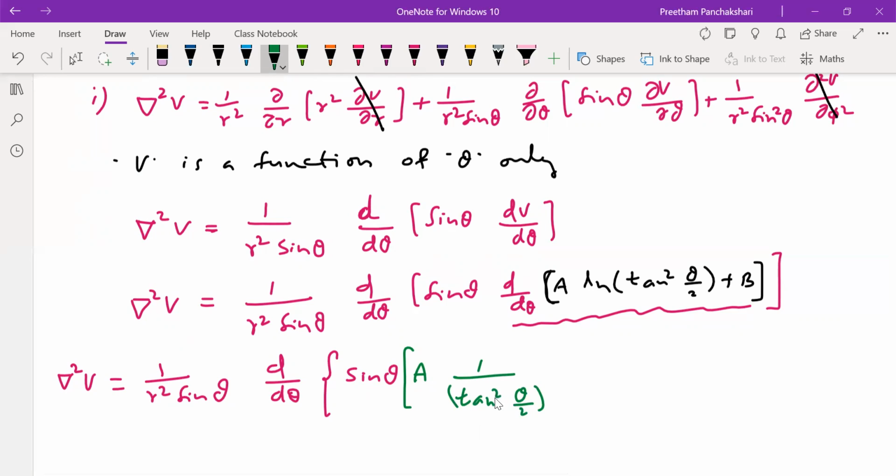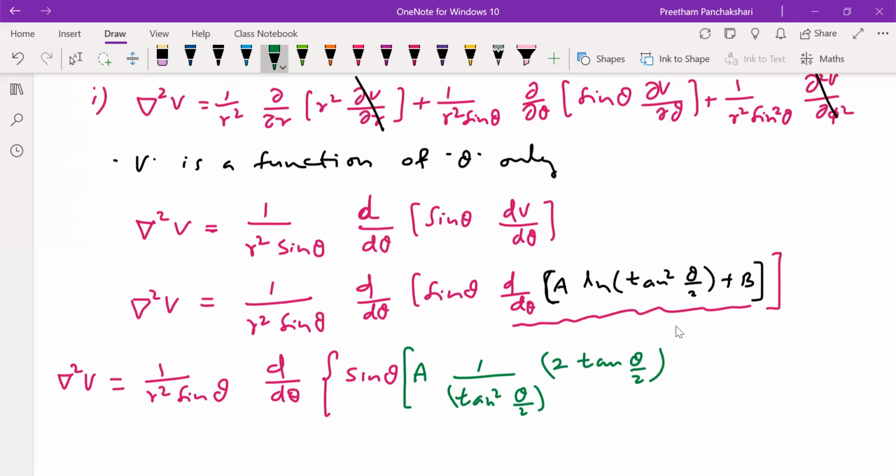The argument of the natural log is tan square theta by 2, and that is to be differentiated. Differentiation of tan square theta by 2 is 2 tan theta by 2. So ln is differentiated, then tan square theta is differentiated, that means the power is differentiated.